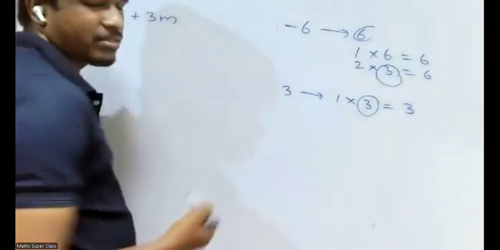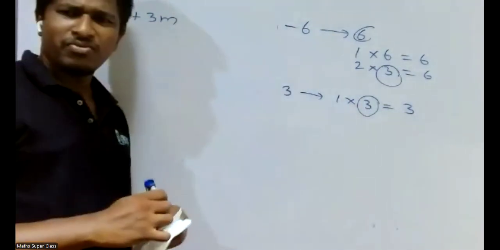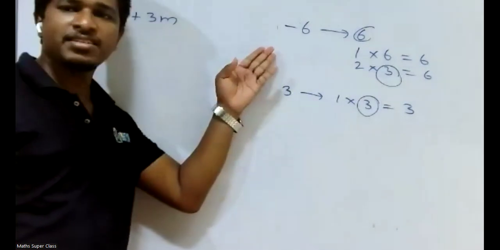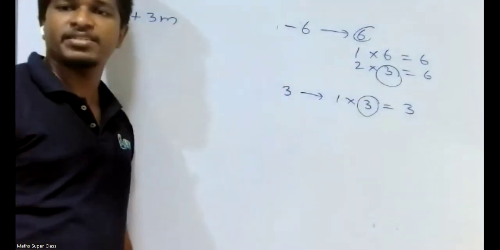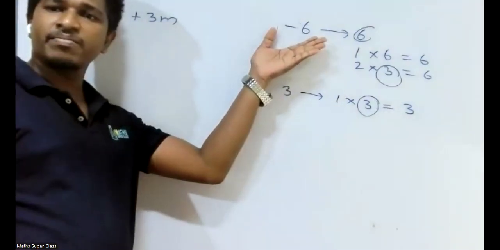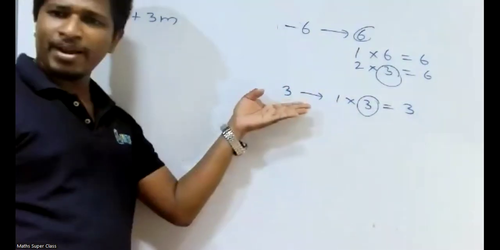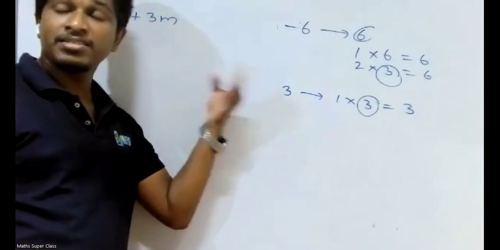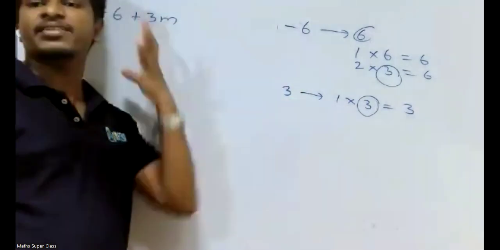Can we get minus? No. We can't get minus as a common factor. Why? Only minus 6 is having minus, there is no minus in the other term. We are considering the common factor.